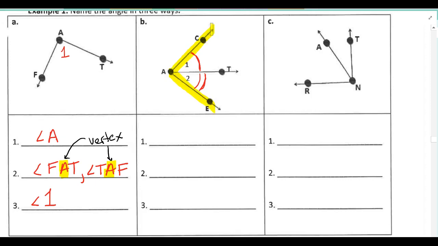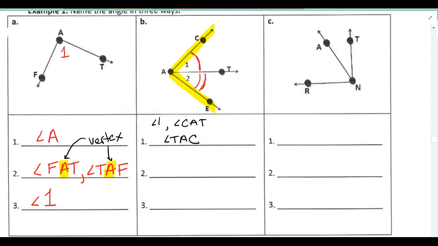So I have 3 different angles here. So let's go ahead and name angle 1 in 3 different ways. I could call it angle 1, or I could call it angle CAT, or I could call it angle TAC.